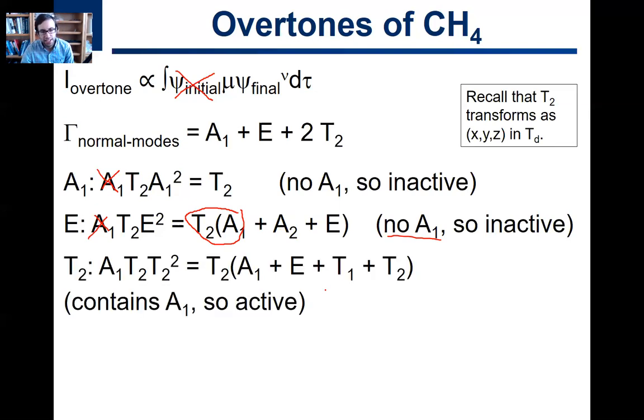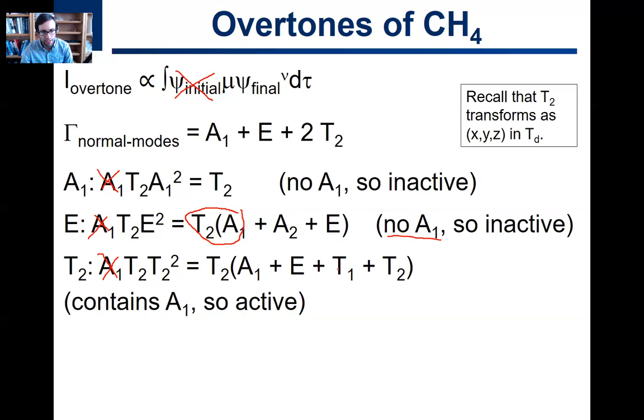Lastly, let's do the T2s. So again, we have this initial A1 from psi initial. We can just get rid of that because that's just timesing something by 1. We have T2, the transition moment operator. And then we have T2 squared because we're evaluating the T2 overtone. So T2 squared, you'll have to go through and do this math.